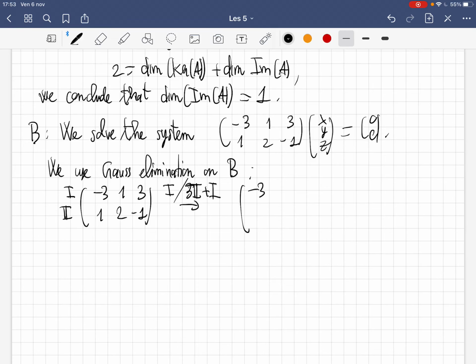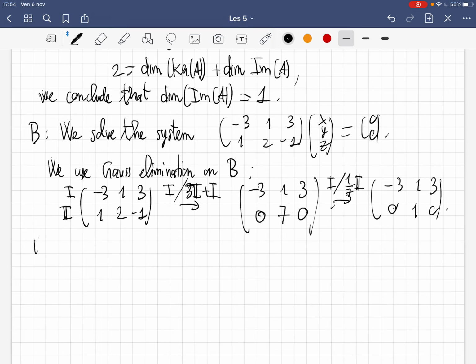So 0, 7, 0. We can reduce. No, let's see. First, and so minus 3, 1, 3, 0, 1, 0.